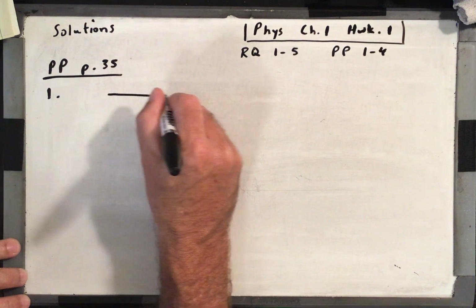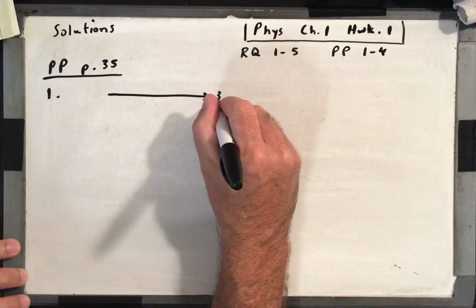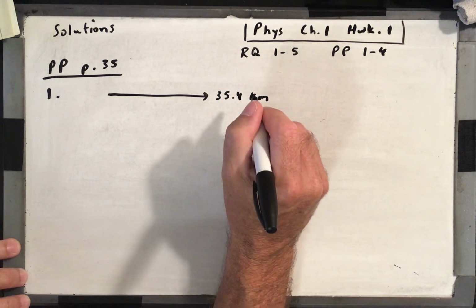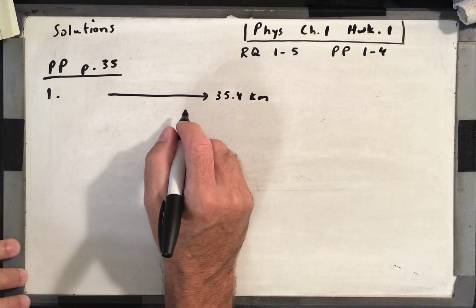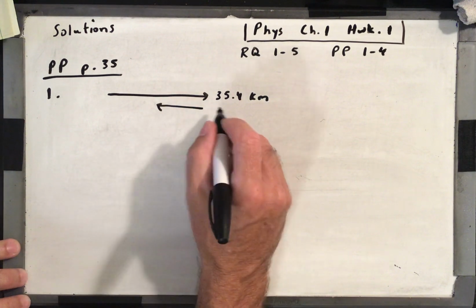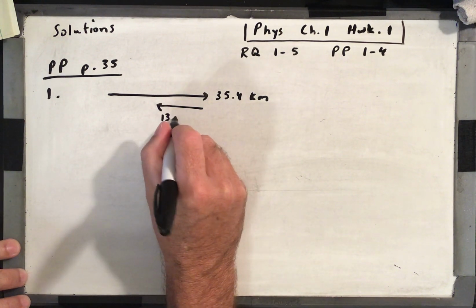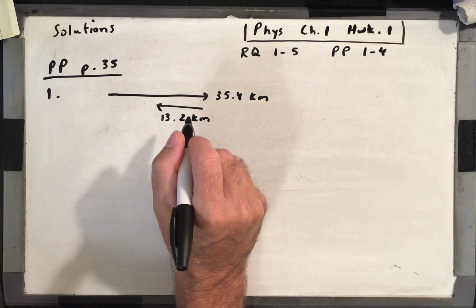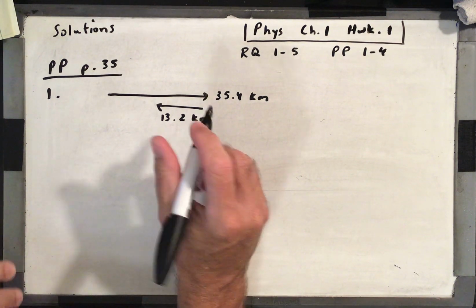All right, let's say this way. 35.4. And on the way back has engine trouble. The driver is forced to stop and pull off the road after traveling only 13.2 kilometers back. How much distance did the driver cover, and what's the final displacement?